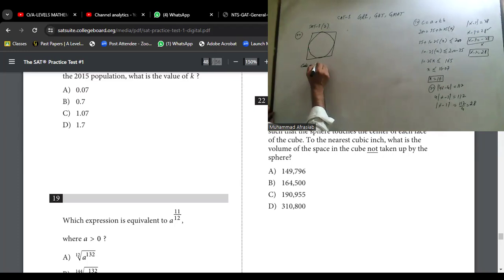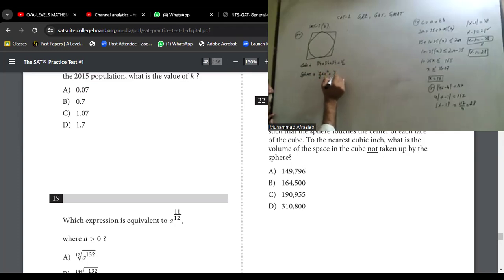So 34 into 34 into 34 is the volume of this cube, and then the sphere inside of this is equal to 4 over 3 pi r cube.